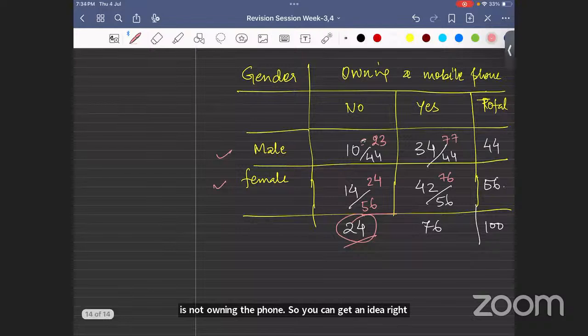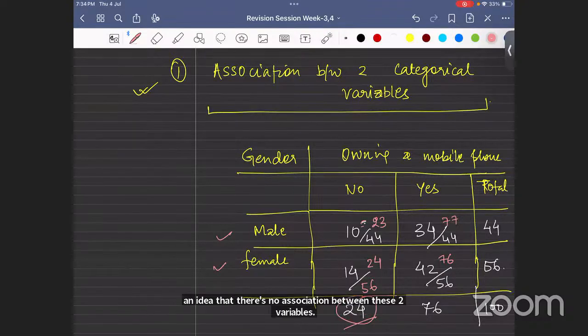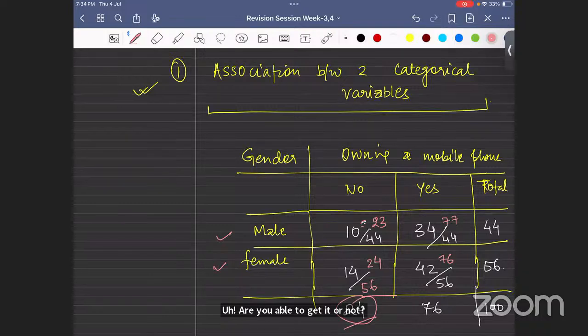Whether it's a female or a male, the ownership is not getting impacted. From this observation, you can get an idea that there is no association between these two variables. Are you able to get it or not? Did you understand this? Yes, sir. Okay.